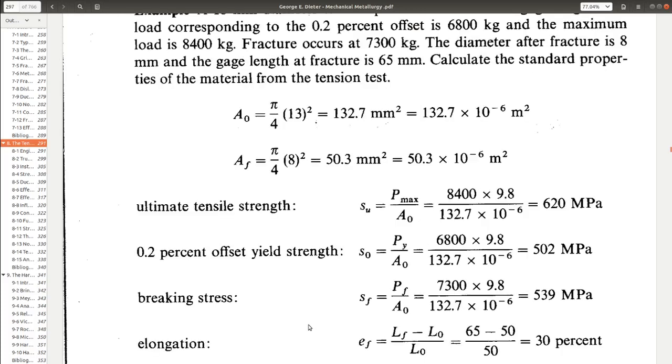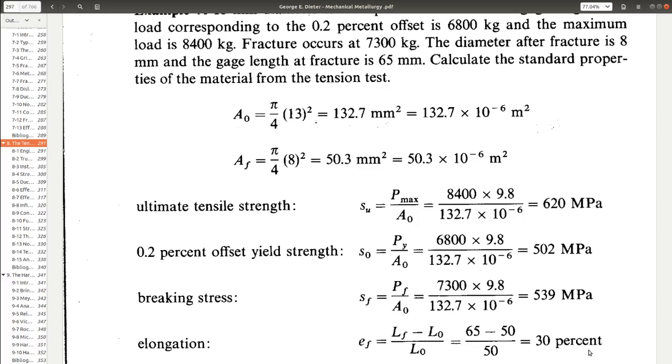Fine. Now what else could we measure? EF, because from that we could understand the ductility. LF is 65 and L naught is 50, and if we put these values into this equation, we get 30%.